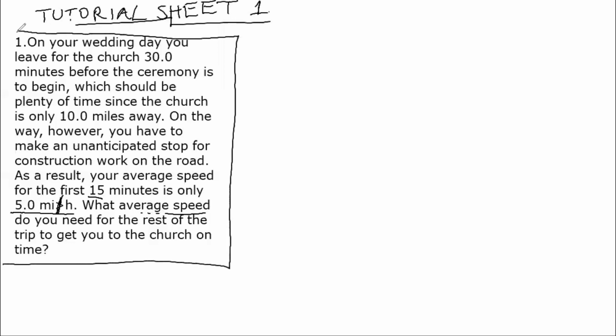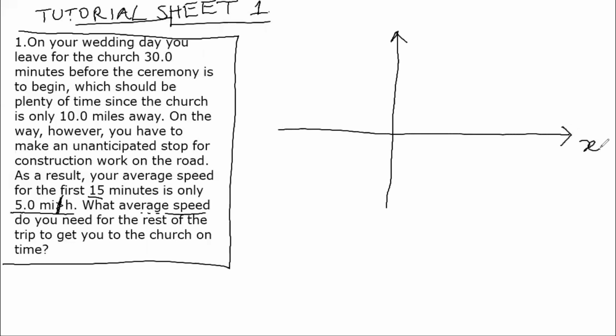When you're faced with such a problem in physics, the first thing you want to do is to construct a coordinate system. So this is my y-axis, and this is my x-axis, so that we picture clearly what the question requires of us. We are going to take the origin as the point where the motion is starting from.